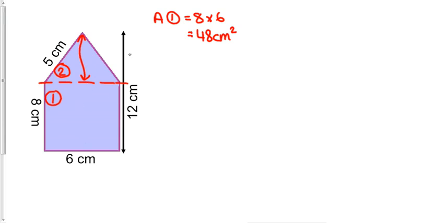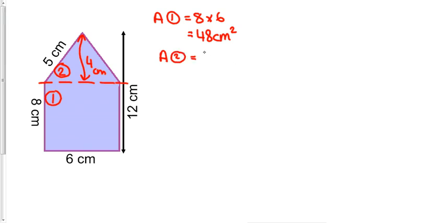So if I use that 12 and take away 8, I am left with 4 centimetres of height for this top part. So that now means, when I combine that with the base of the triangle being the same as the width of the rectangle, I have all the information I need to work out area number 2.